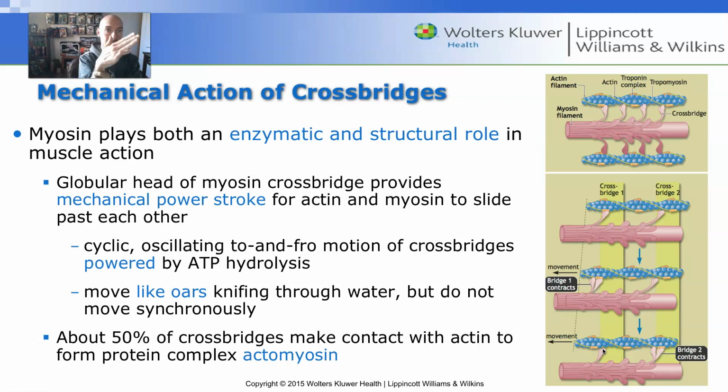So say that we're moving this direction. One cycles, the next cycles. One cycles, the next cycles. They keep cycling back and forth. As long as we're providing that input that we want to move that muscle, these cross bridges are going to continue to cycle. It's asynchronous, which means they do not all attach and cycle at the same time.